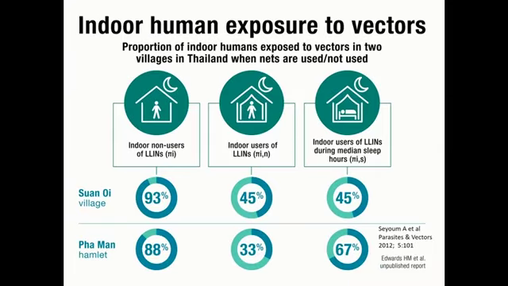This slide shows how the indoor exposure was to humans from the vectors. You can see here that for the village and hamlet populations, this is a village and this is a hamlet, that in Suan Ai, the indoor exposure to anopheline bites was higher compared to those outside for people not under the protection of ITNs, 93% to 88%.